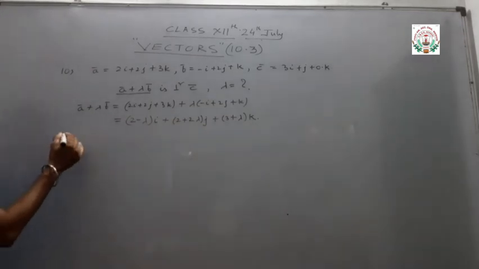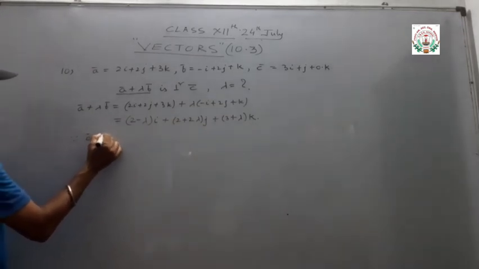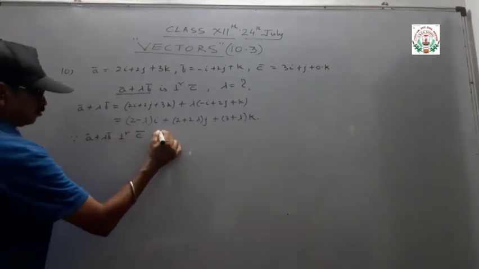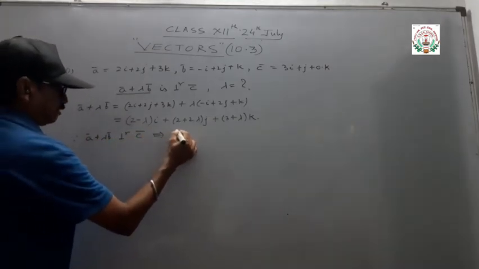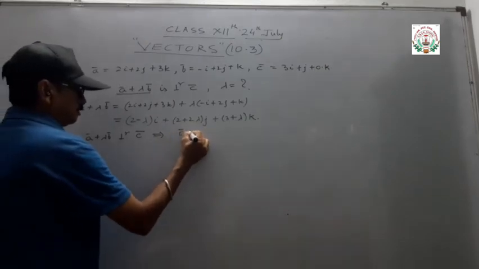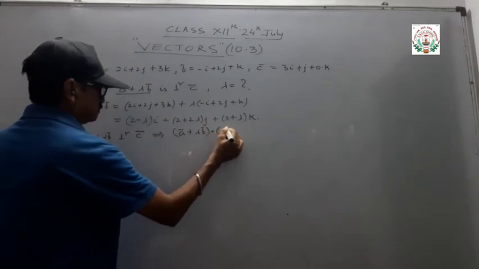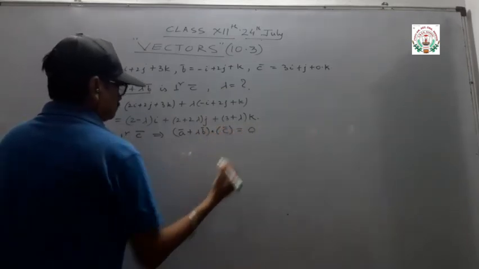Now since vector A plus lambda B vector is perpendicular to vector C, their scalar product will be equal to 0. (A vector plus lambda B vector) dot C vector will be equal to 0.